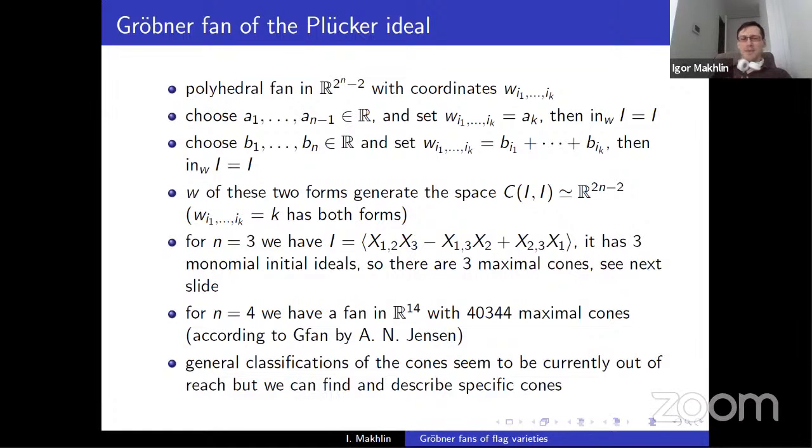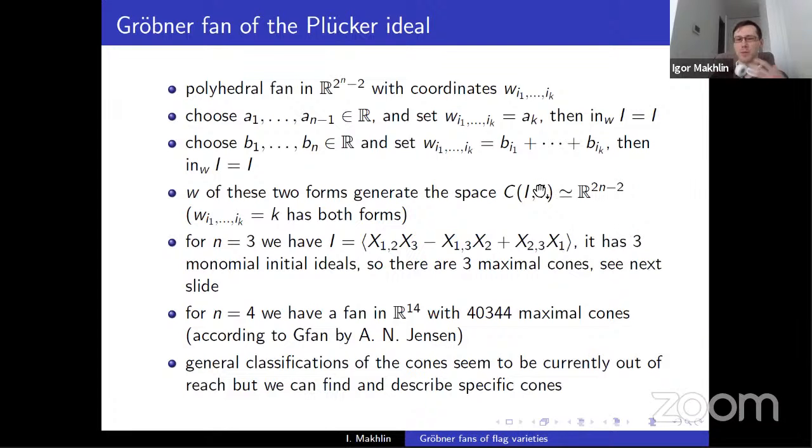And this is tangentially related to what I say here: general classification, exhaustive descriptions of the Gröbner fan seem to be out of reach. I cannot think of a method that would work here at the moment.